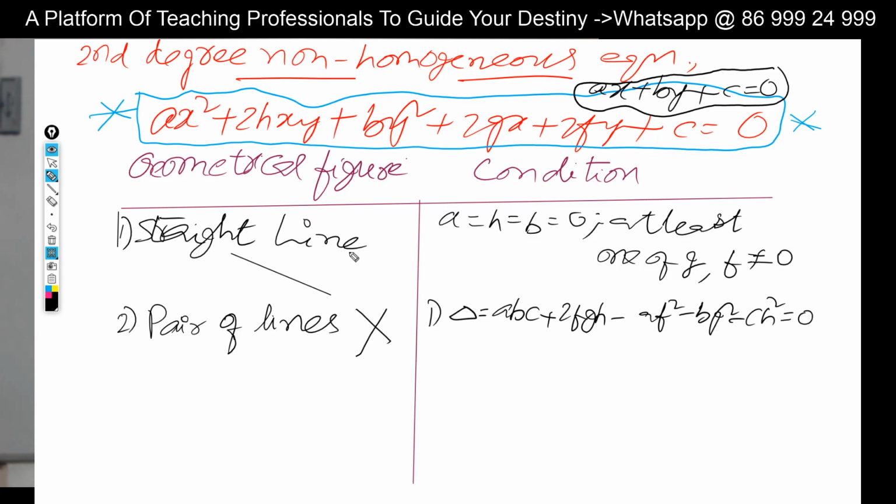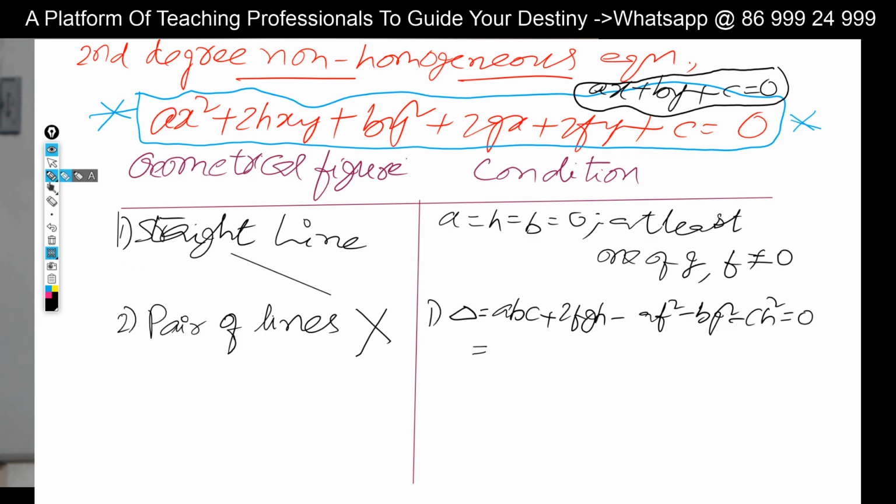Now here also a pair of lines is denoted by the second degree non-homogeneous equation only when delta, ABC plus 2FGH minus AF square minus BG square minus CH square, equals 0. This you will have in the board examination. Every board examination you will have the theorem for this one, but I am not discussing the theorem here.